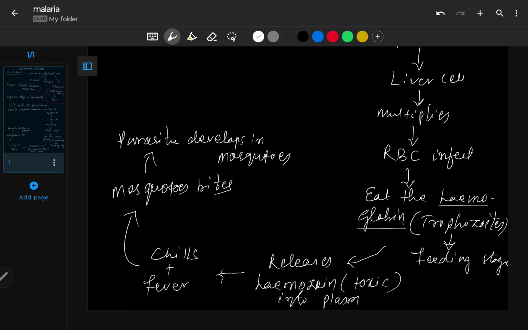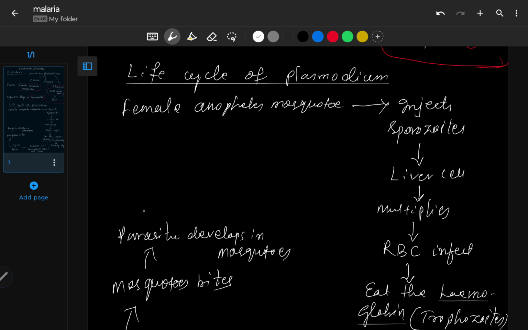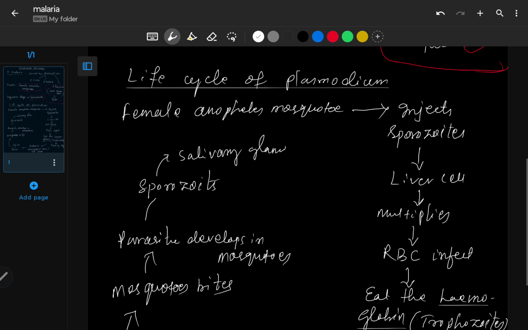In the mosquito it forms the sporozoite, and the sporozoites go to the salivary gland, and next it bites another human being.